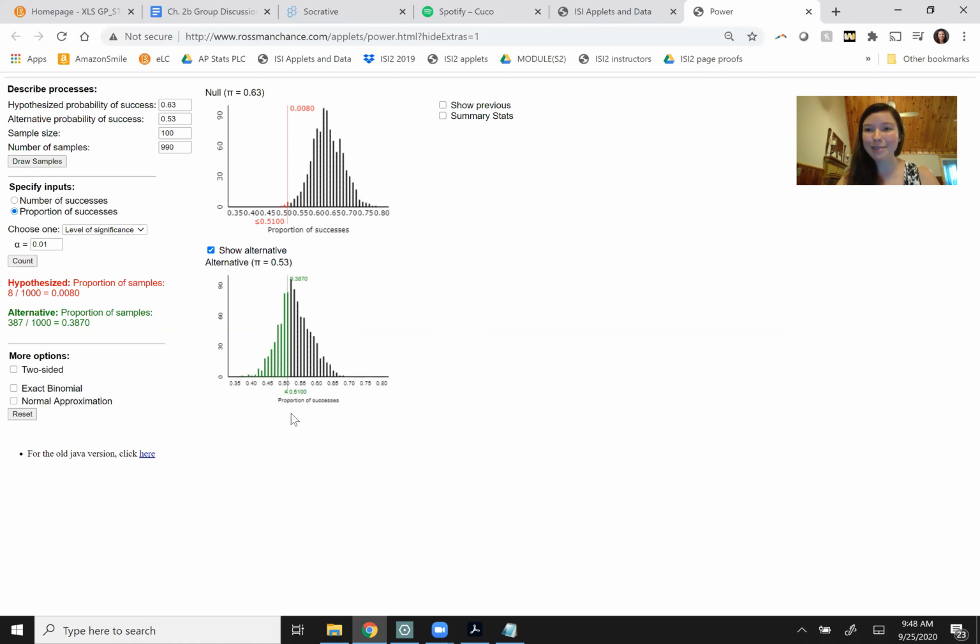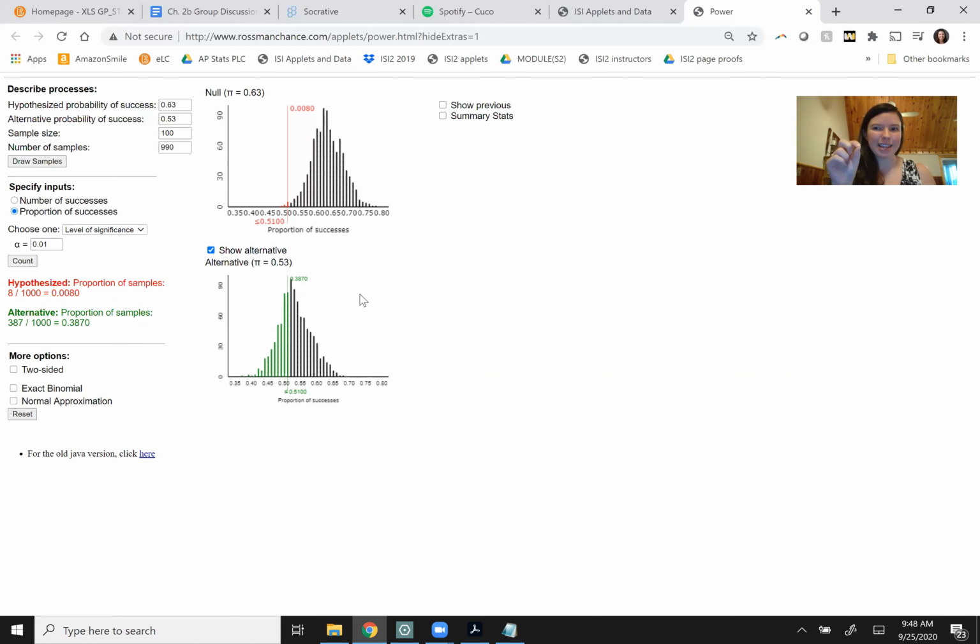And then, were we able to reject the null in this case? So kind of bad news here. The chances of us making the right decision are less than half. So our power in this case is only about 39%. That's not good. And 100 doesn't even seem like that small of a sample size. But if we look at these two distributions, there's a lot of overlap.